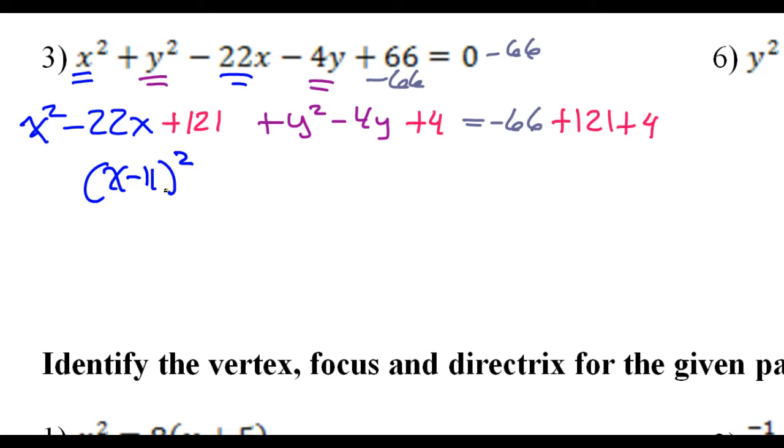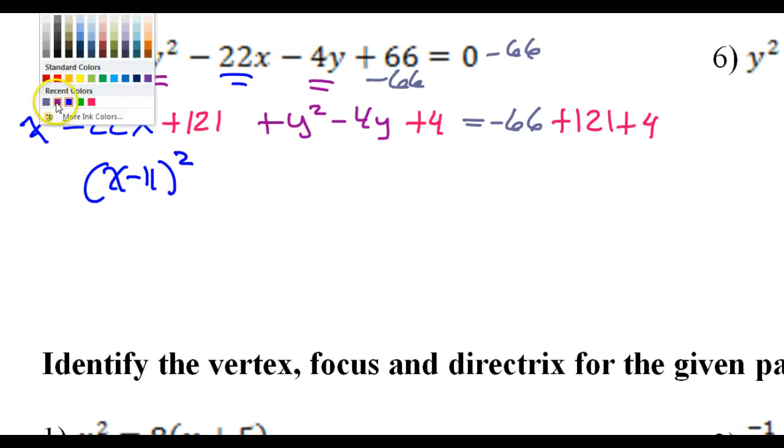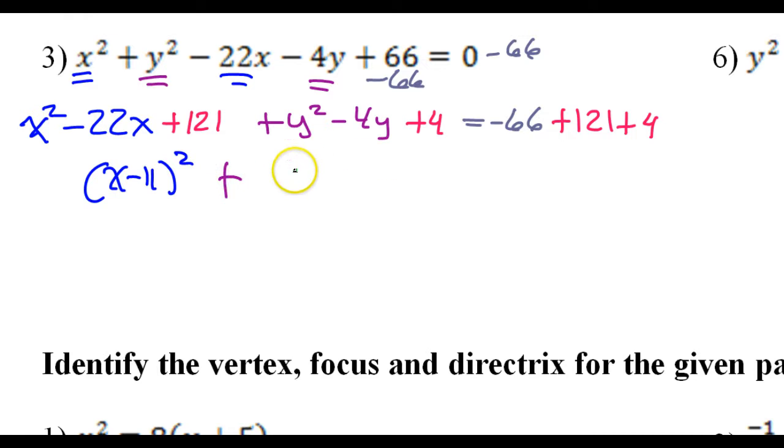See how we're getting closer to standard form? Let's do the same thing with the y's. This should factor as y minus 2 times y minus 2. But of course, that's the same thing as (y minus 2) squared.